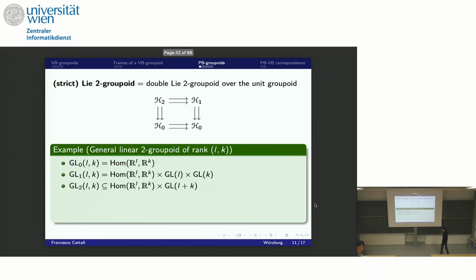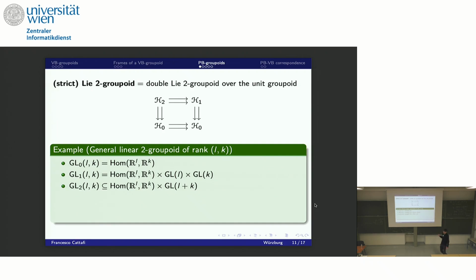And now, what I was mentioning before is that there is this natural object: given any two numbers L, K, I can define this general linear 2-groupoid. And what is that? Well, GL0 is simply the linear maps from R^L to R^K. Okay, that doesn't tell me much.